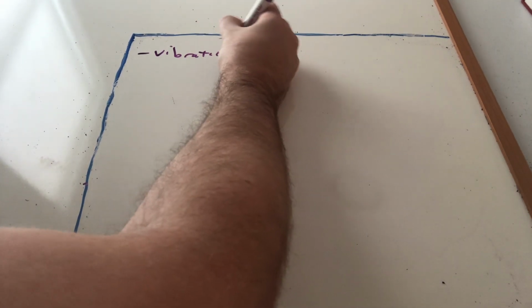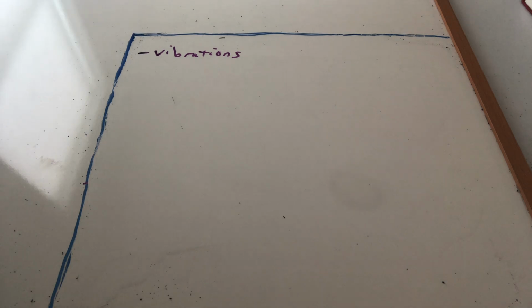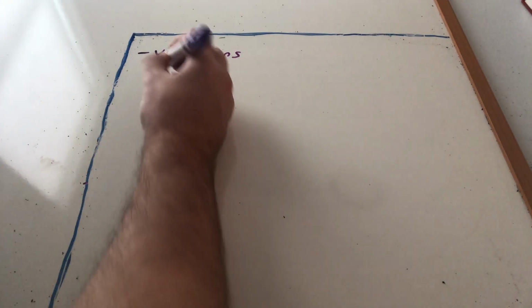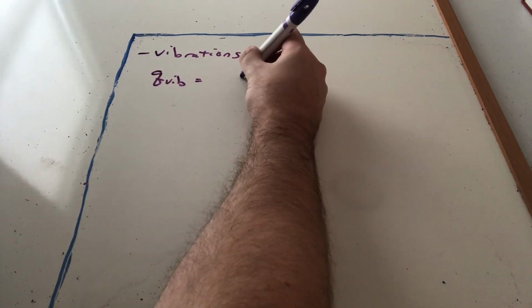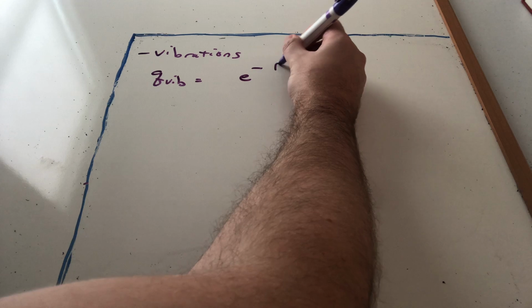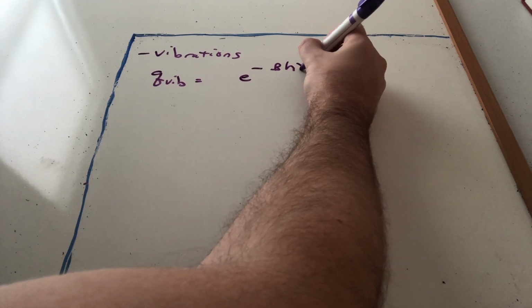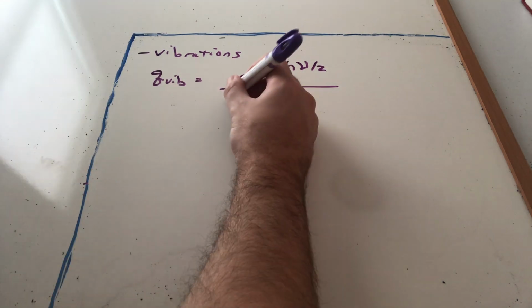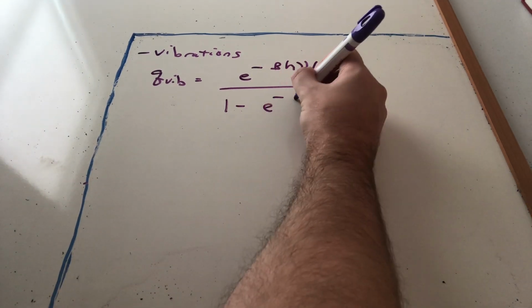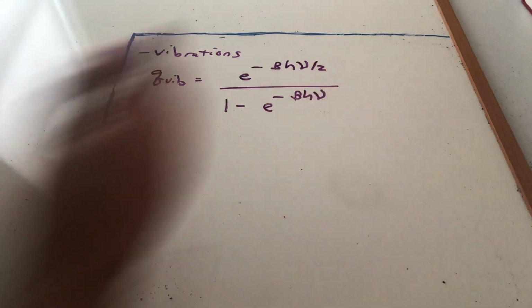It turns out, and I'm going to state this without mathematical proof because we don't have time, that q vibe is equal to e to the minus beta h nu over 2 divided by 1 minus e to the minus beta h nu.